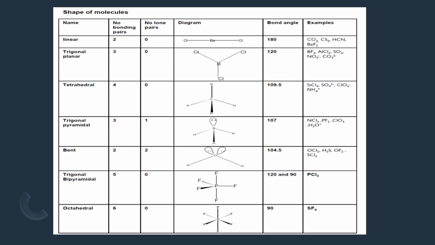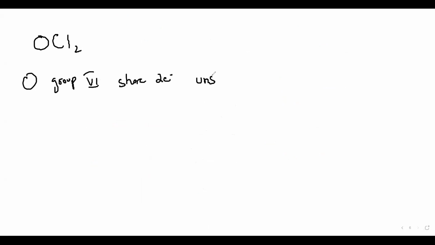So when we are drawing this structure, you should always check the number of bond pairs and lone pairs. For example, if I say we have the compound OCl2, first we have to draw the structure. We know oxygen belongs to group 6, so it will share 2 electrons and the unshared will be 4.